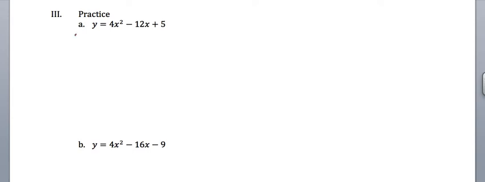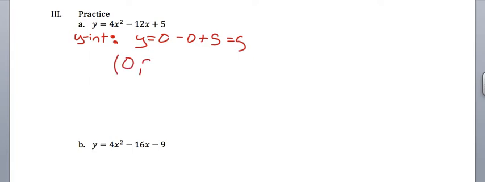Okay, my y-intercept, hopefully you're seeing a pattern for what it's going to be. If I plug in 0, I just get 5. Oops, that should have been a minus sign. Doesn't make a difference. But so I get a y-intercept of 0, 5. X-intercept, plug in 0 for the y.